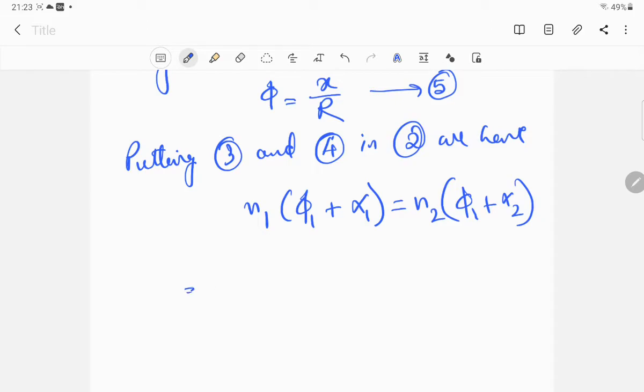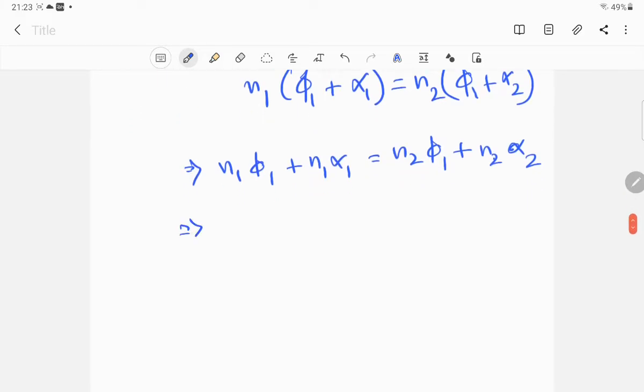Very simple. So n1 phi 1, n1 alpha 1, n2 phi 1, n2 alpha 2.